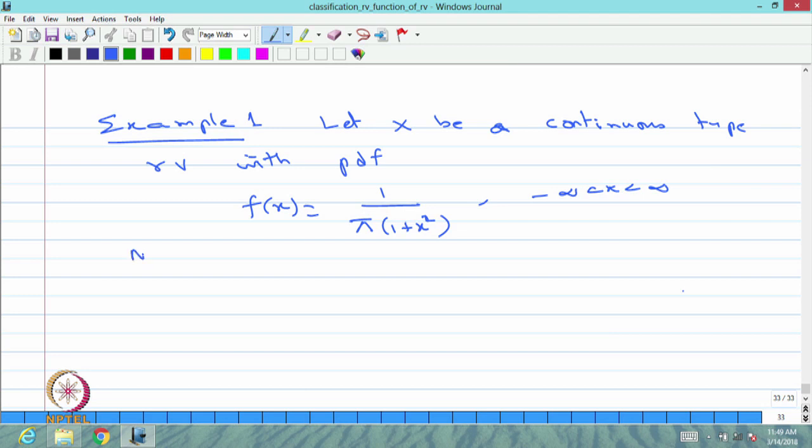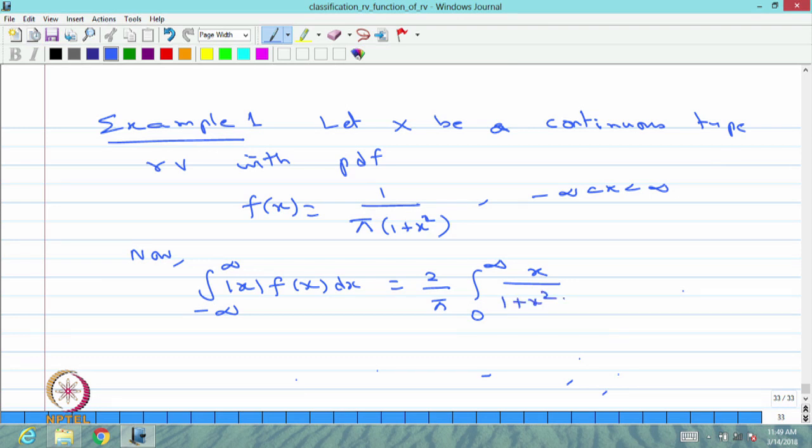Now, you can compute the integration from minus infinity to infinity of absolute x f of x dx. If you compute this quantity, that is the same as 2 divided by pi, it is an even function, so 2 divided by pi integral 0 to infinity x divided by 1 plus x square dx. If you do the simple calculation, you will come to the conclusion this quantity is going to be infinity.